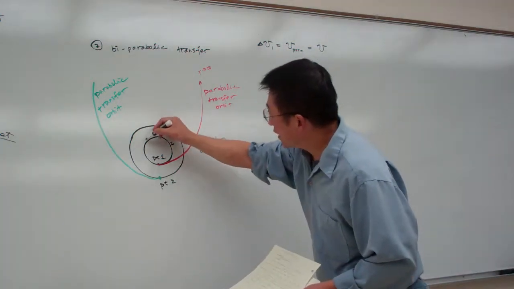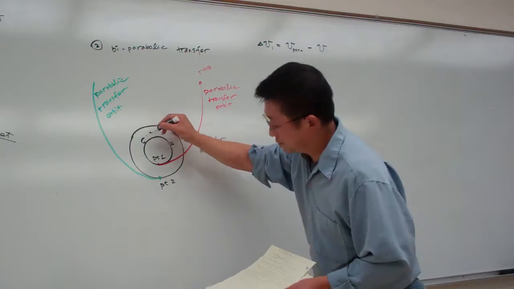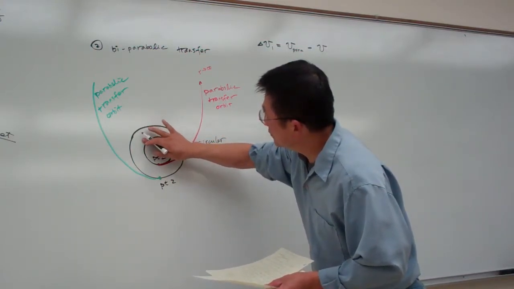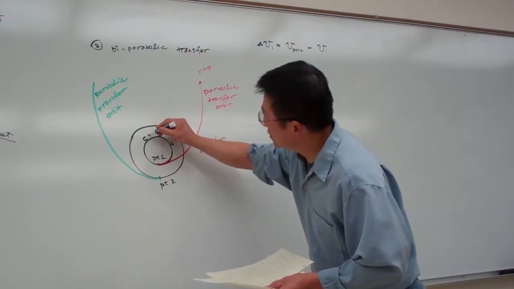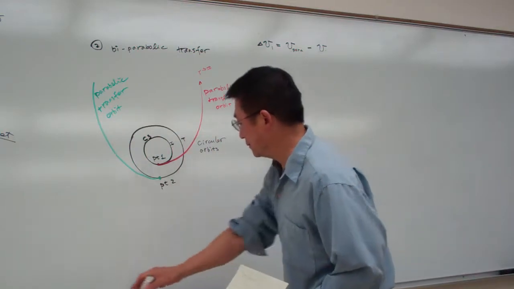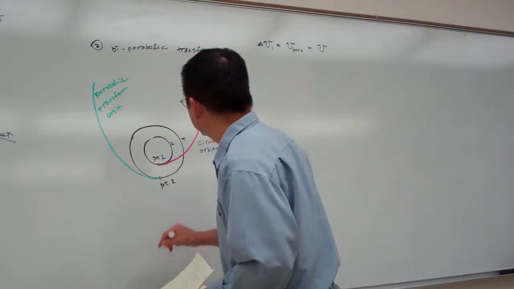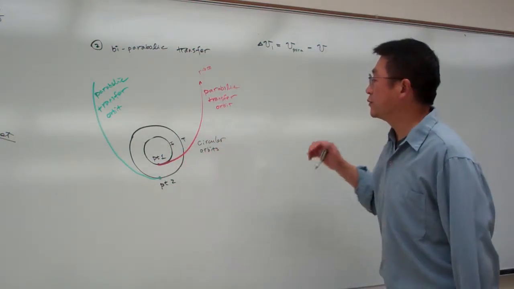How about I give a name? This is the circular orbit. How about I just use I?